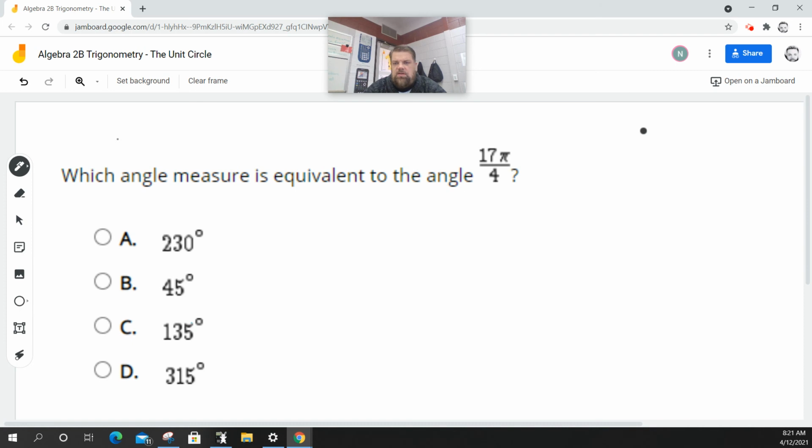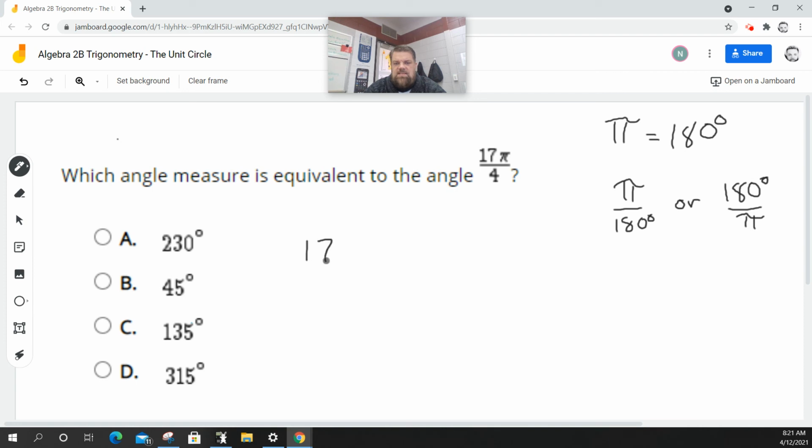So remember that pi is equal to 180 degrees. Then there are two conversion factors, pi over 180 degrees or 180 degrees over pi.